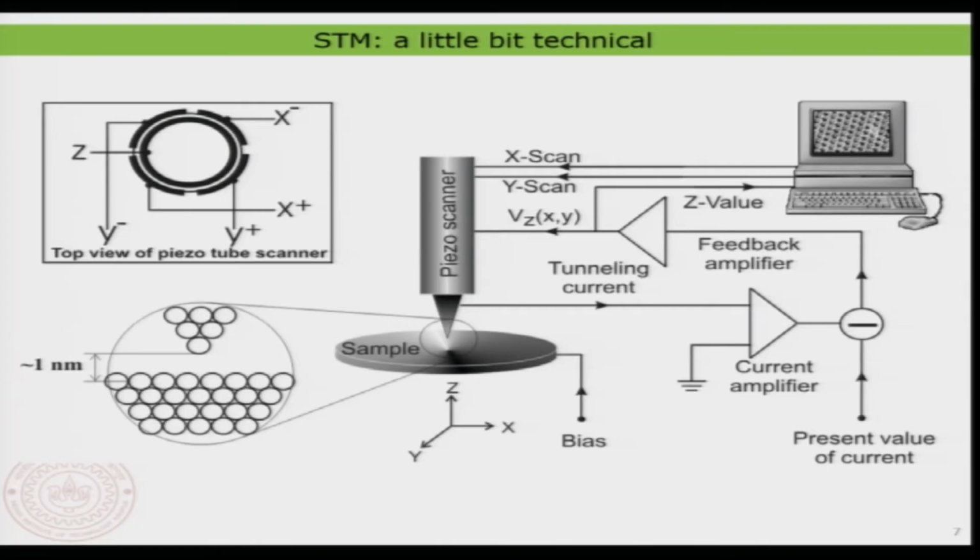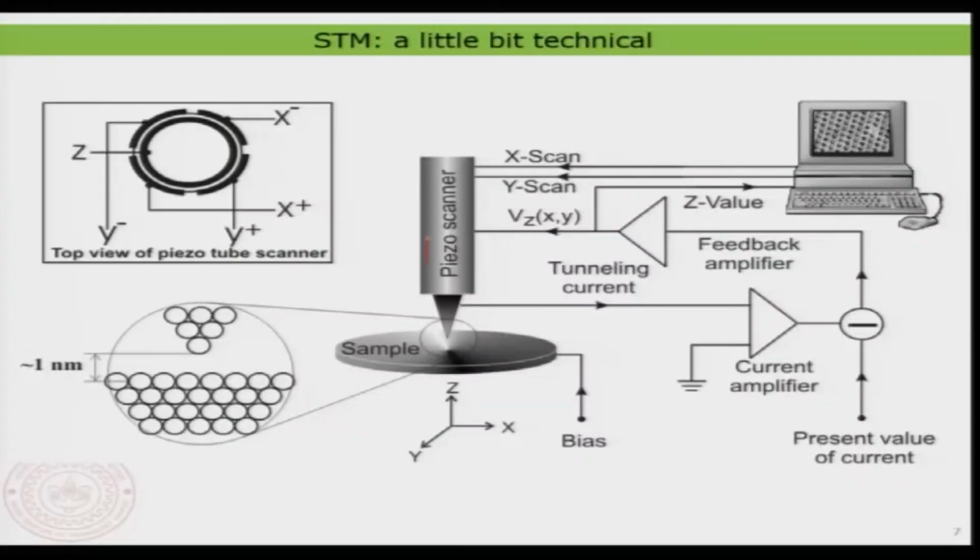Now you need to consider that one of the most important technicalities is that I need to move the tip very systematically on the surface, and the movement of the tip should also be at the atomic scale. Normally no mechanical device could achieve this, but one can use something called a piezo scanner, where a piezo ceramic material is used as the scanner material.